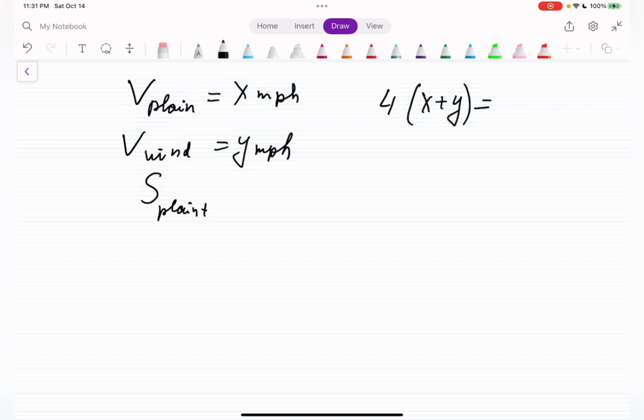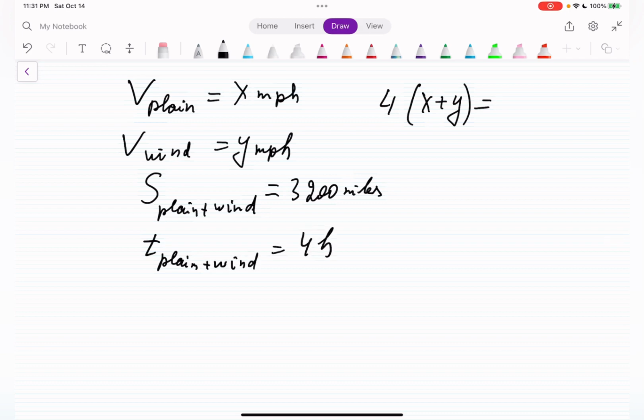Plane plus wind is equal to 3,200 miles. Time is 4 hours. Time for plane plus wind, 4 hours.